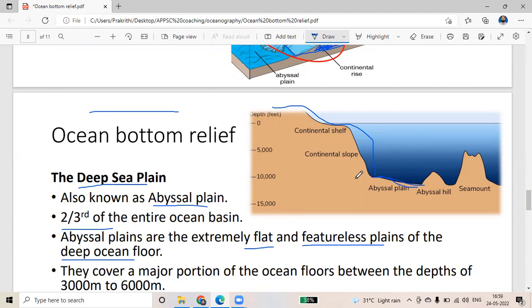There is also deposition from volcanic activity, as there are many volcanoes under the sea, so there will be volcanic ashes. Some organisms will die, and their deposition will also be there. So there will be humus, the presence of organic matter.